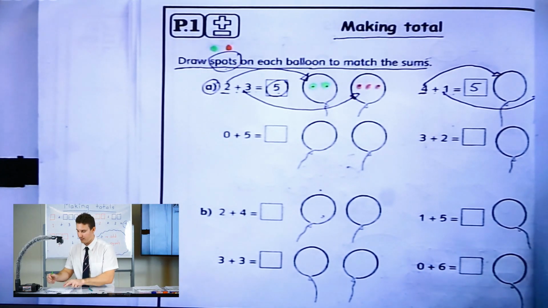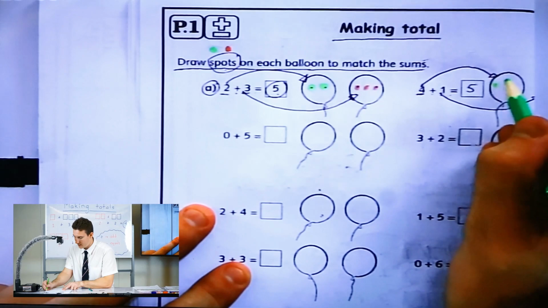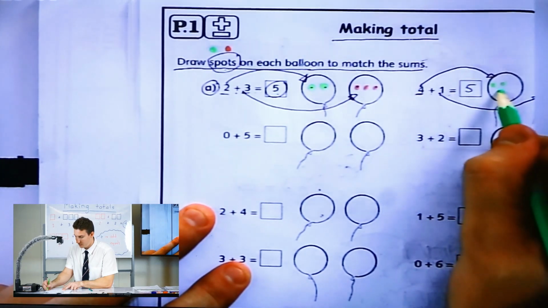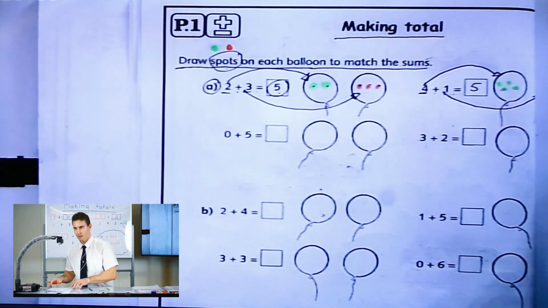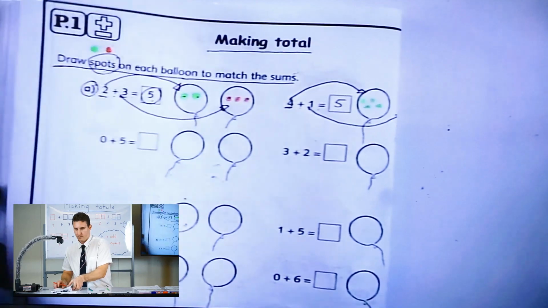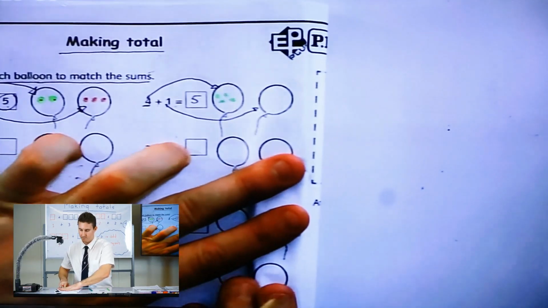So let's get our green. So the first one is 4. We're going to go 1, 2, 3, 4. And the next balloons are going to be, let me open that for you, sorry.